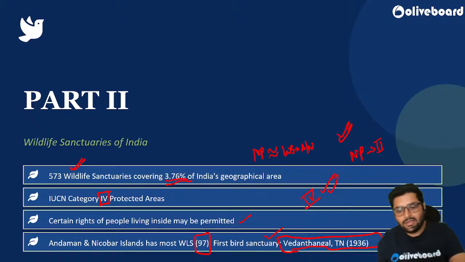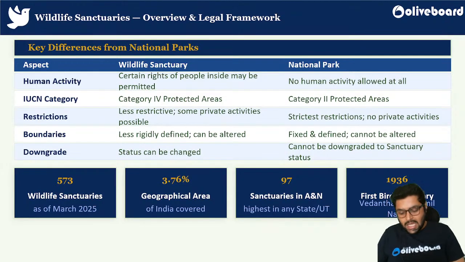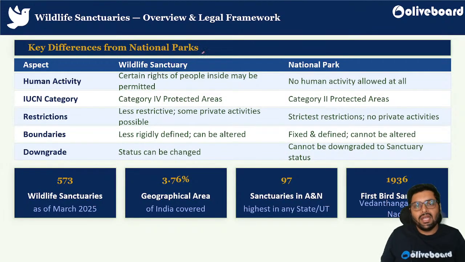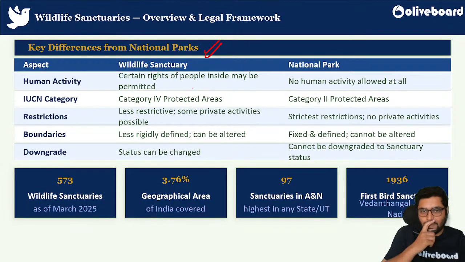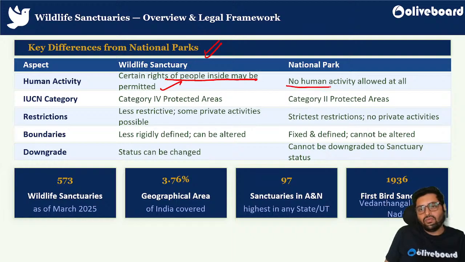Then we have some differences between national parks and wildlife sanctuaries. If we are studying these topics, we should know the difference. Correct? As I told you, certain rights of people inside are allowed in a wildlife sanctuary, but no human activity is allowed in a national park at all.